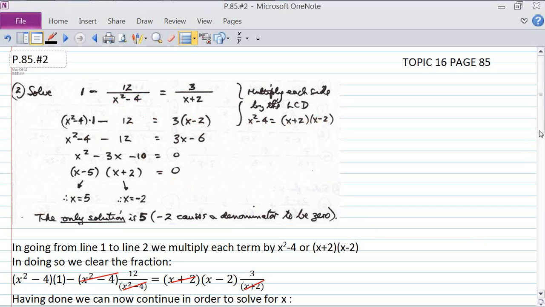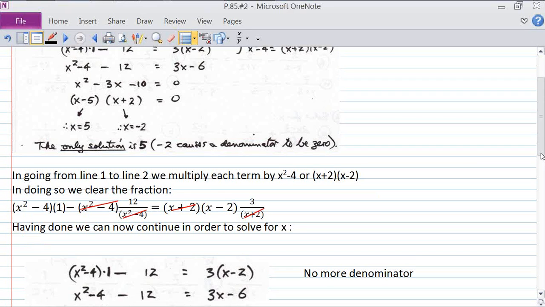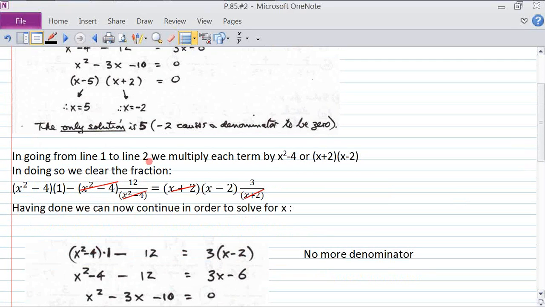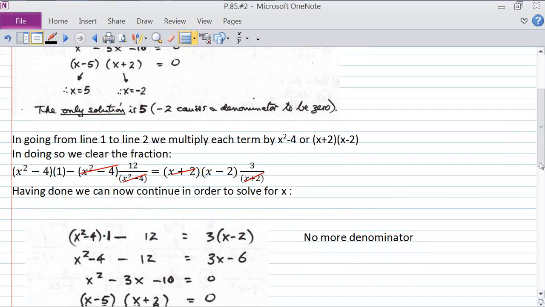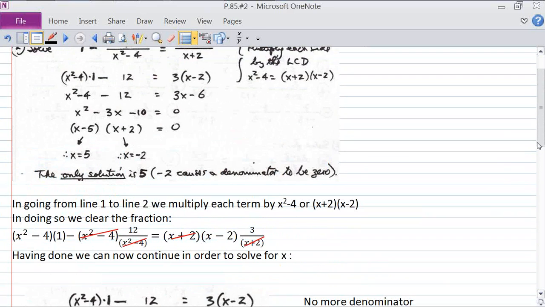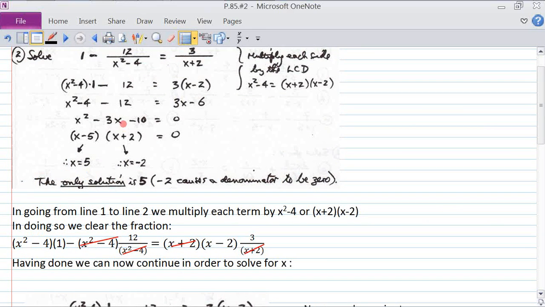So what I'm going to do again is multiply both sides, going from line 1 to line 2. Okay, I'm going to multiply both sides of the equation by x squared minus 4.